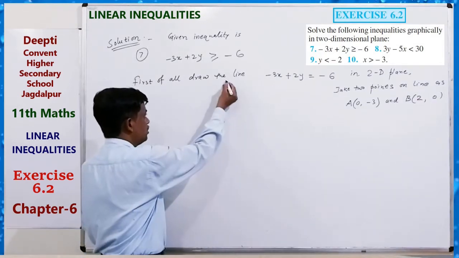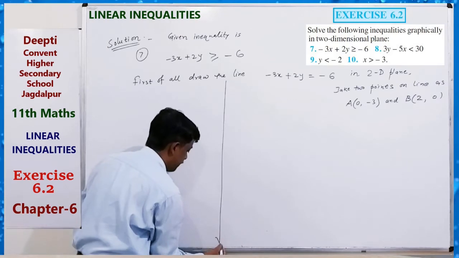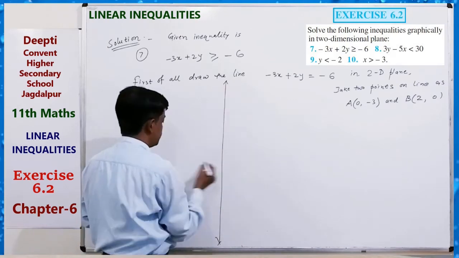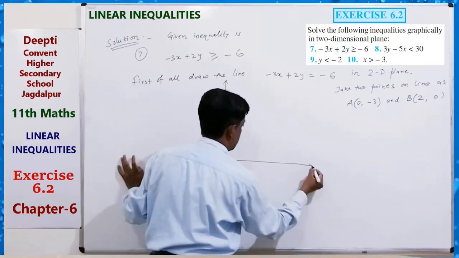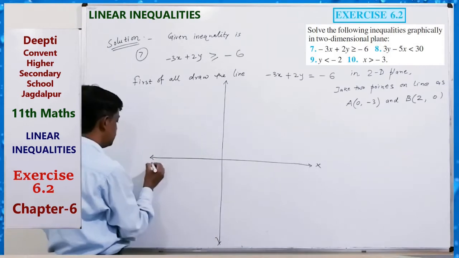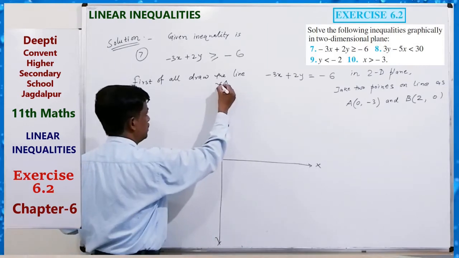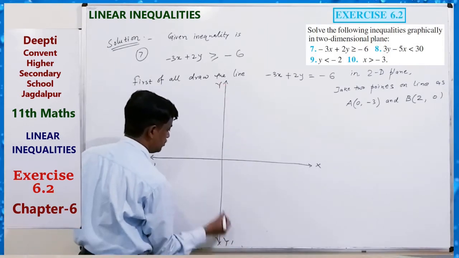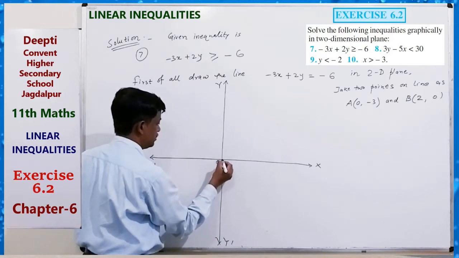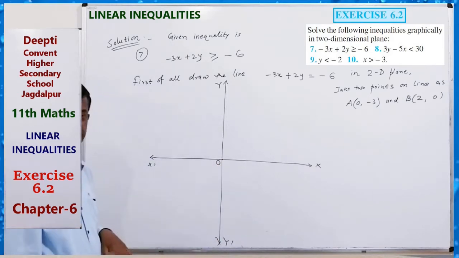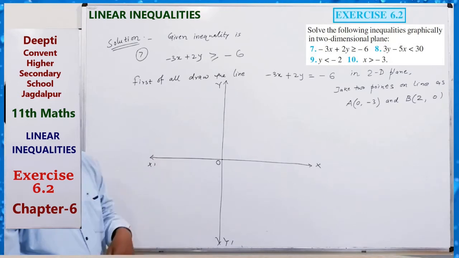So we have to draw the line first. Draw X dash, X, Y and Y dash axes; this is the origin. Now 0, minus 3 and 2, 0.